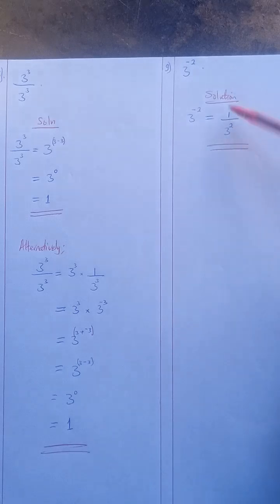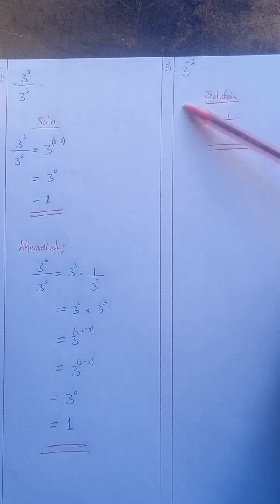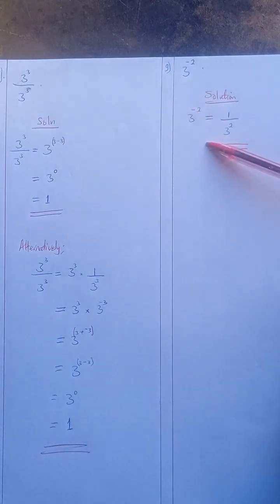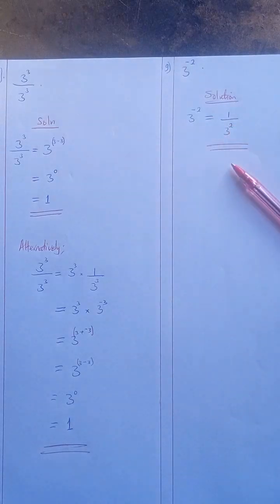So this one will be 1 out of 3 to the power 2. By moving from the numerator to the denominator, the sign changes, and a negative will not appear. And that is the answer.